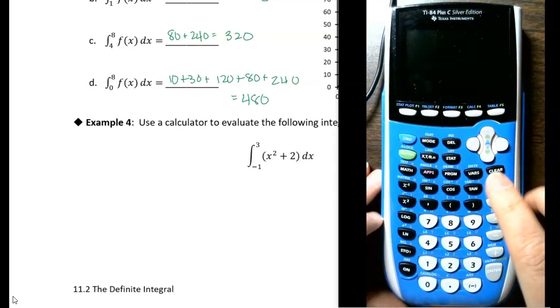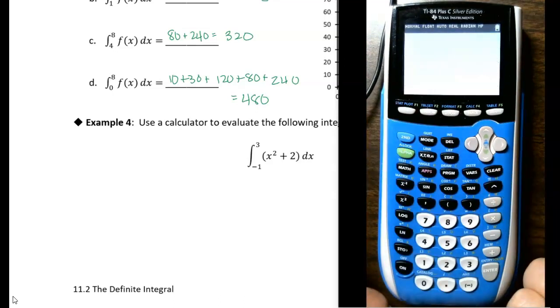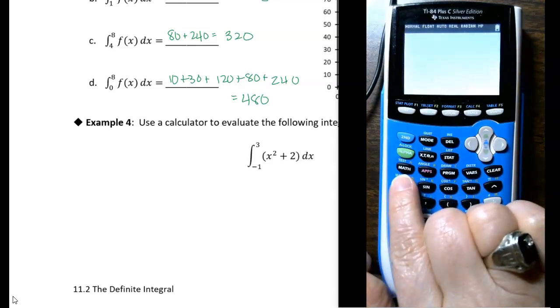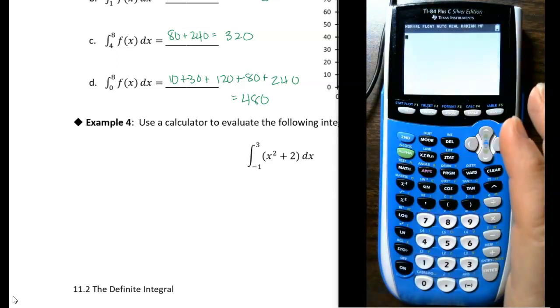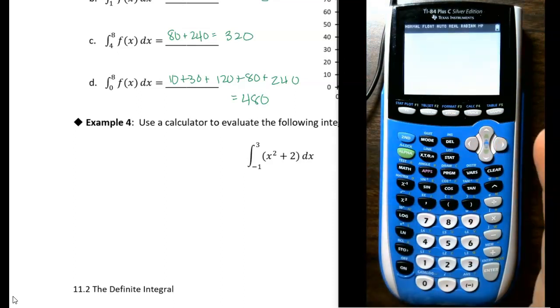Okay, so what you're going to do, turn my calculator on here. Let's clear all that stuff out. What I'm going to do is I'm going to go to the math key here. Now, I have a TI-84. I don't know what you have. I think a lot of people have TI-84, so I could show you on the TI-84.